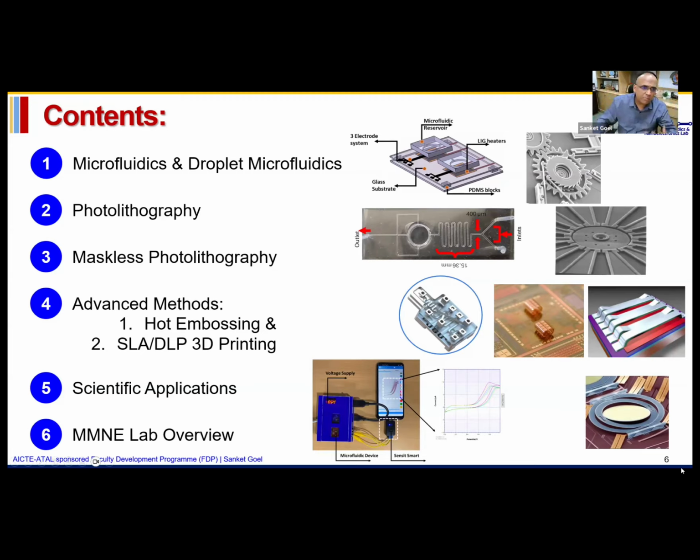All those things can be done in a lab setting, and interestingly, it does not require huge investment. You can start with a very humble investment and do it on your own. I'll be talking about some of the methods to create those devices, like hot embossing and 3D printing.